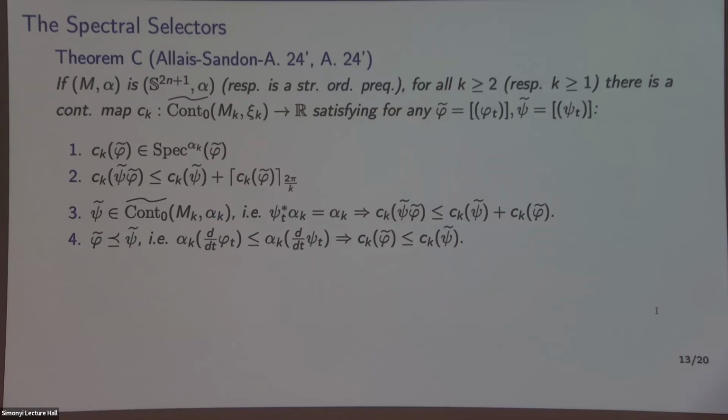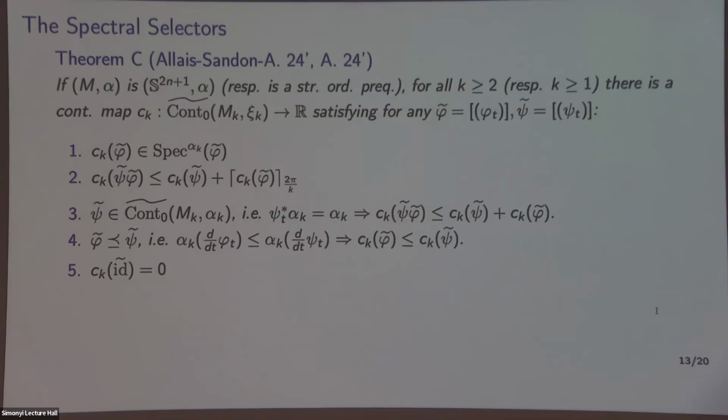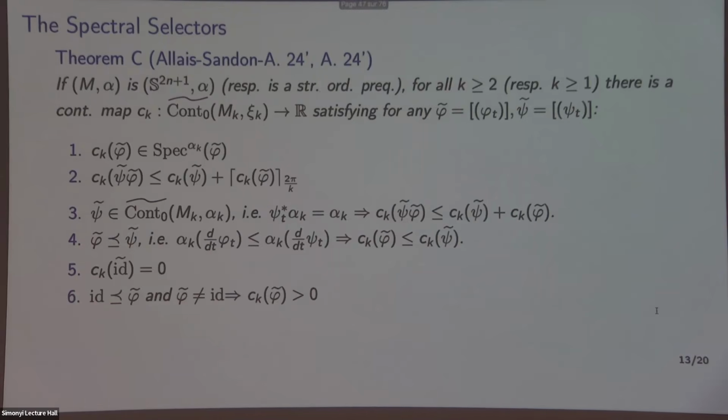And if you have this kind of condition, then C of phi tilde is less than C of psi tilde. C of the identity is equal to 0. There is also a non-degeneracy property: if phi tilde is greater than the identity and phi is not equal to the identity, then C of phi tilde is strictly positive.